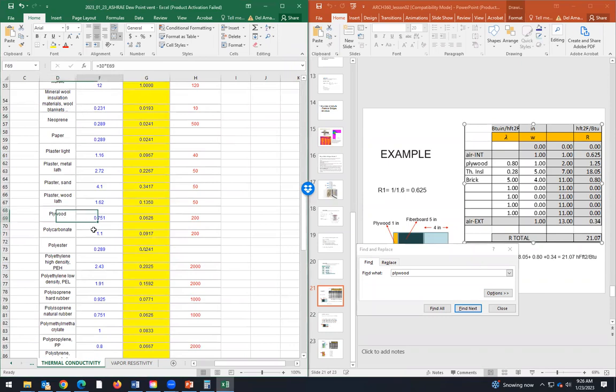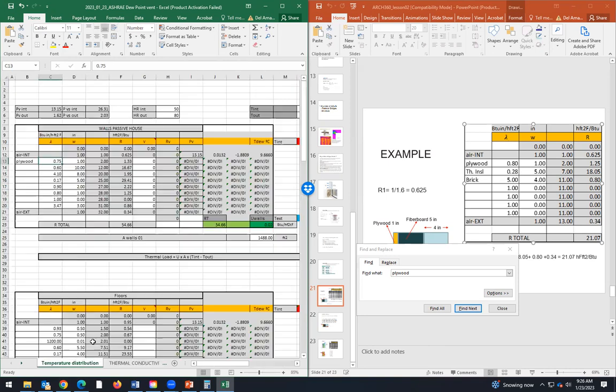It's 0.75. Well, we can have different sources. In this case it is 0.8 and this is 0.75. If the difference is in the second decimal, it doesn't affect. So we can either use 0.8 or 0.75. Let's use 0.8.